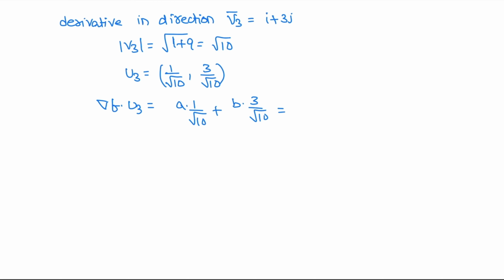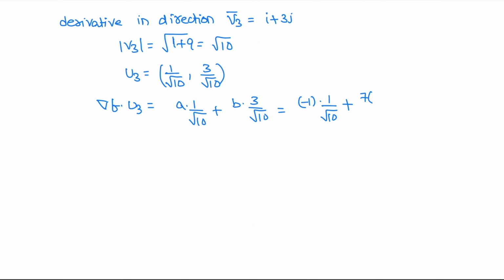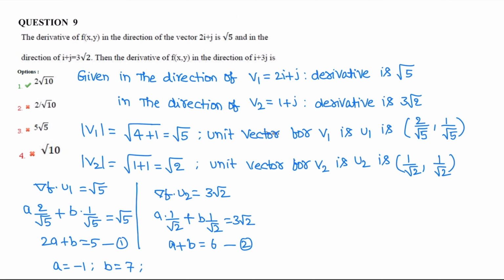So a value is minus 1 into 1 by root 10, b value is 7 into 3 by root 10. So it is 20 by root 10, that is 2 root 10. So the correct answer is 2 root 10, option 1.